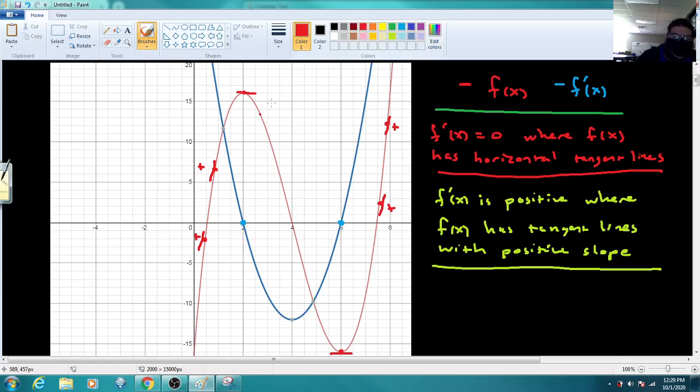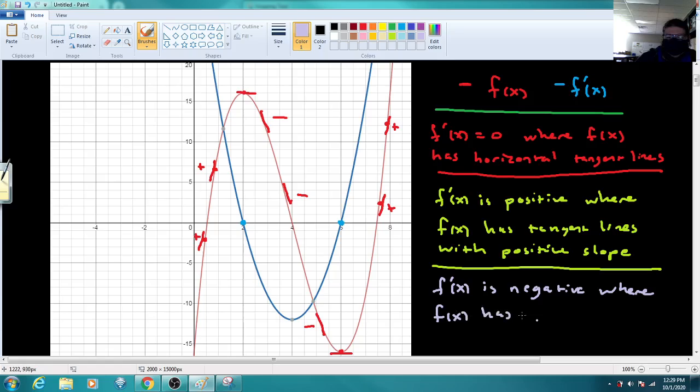Where the tangent lines are negative, the blue graph is below the x-axis. So f prime of x is negative where f of x has tangent lines with negative slope.